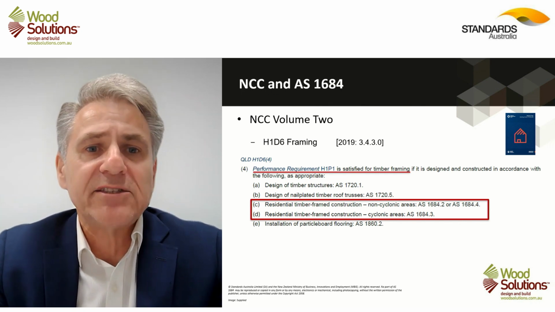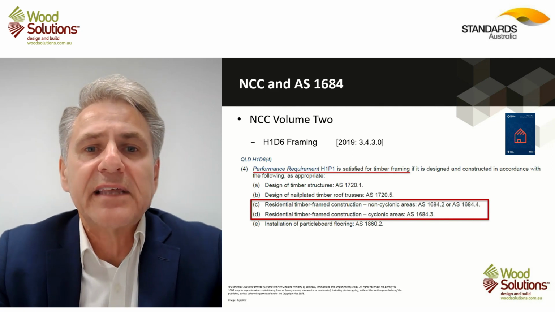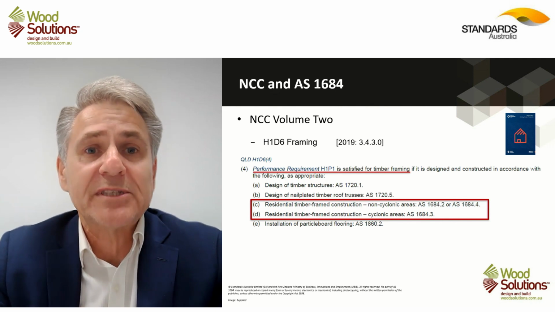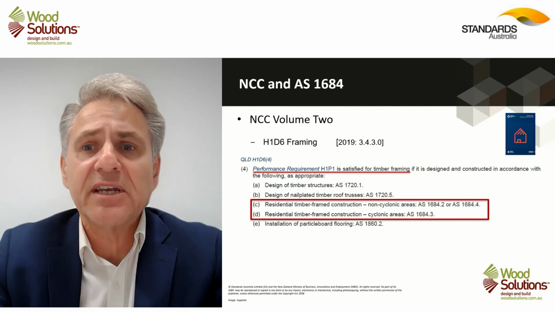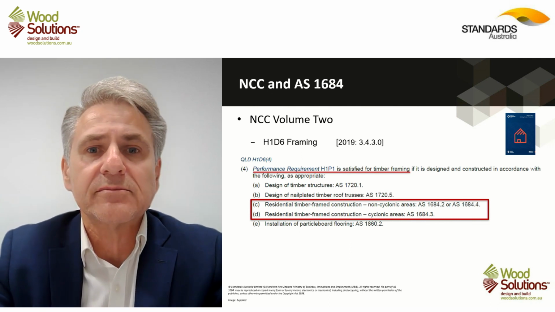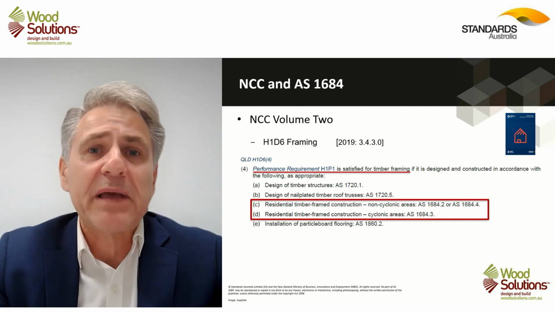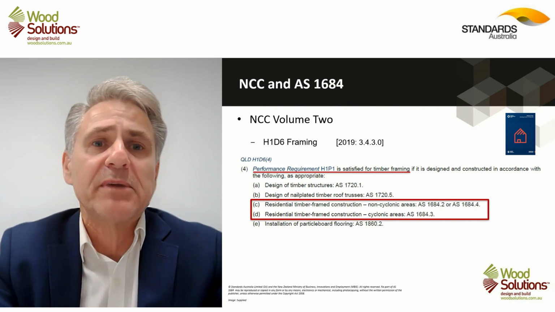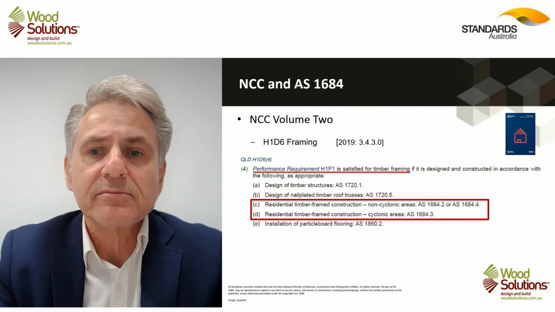And basically the NCC says if you use the 1684 suite of standards, they are deemed to satisfy the performance requirements. And that's in effect how the AS 1684 suite of standards get used. So that's just a little bit of a discussion, just to try and give some background as to the use of 1684 and how it gets called up under our building code, the National Construction Code.